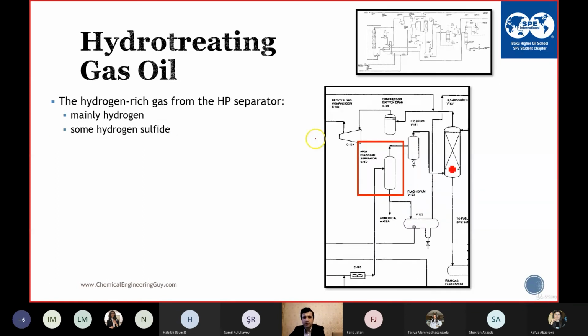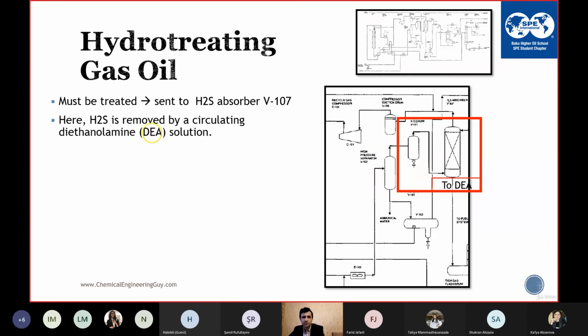The hydrogen is separated in the HP separator and sent to the compressing section. We use the solution to treat the gases, so gases plus DEA.